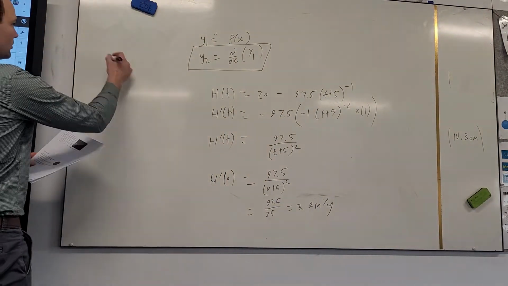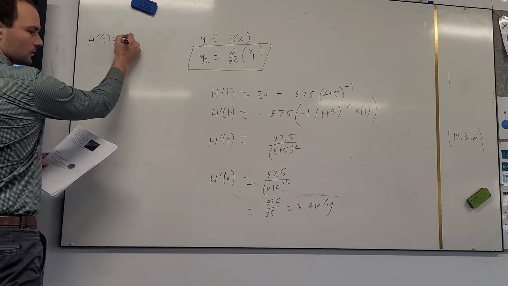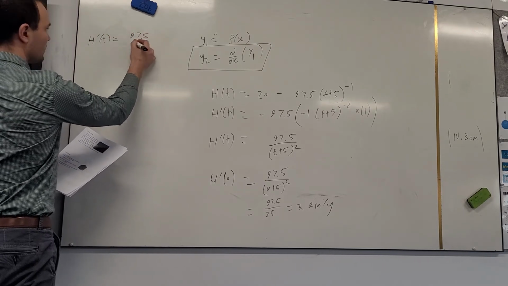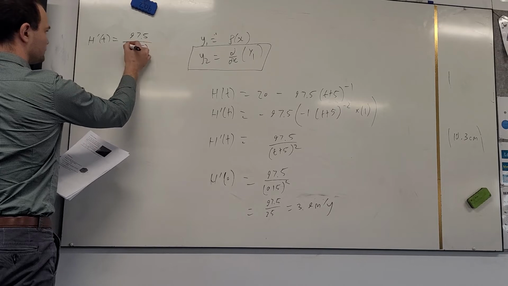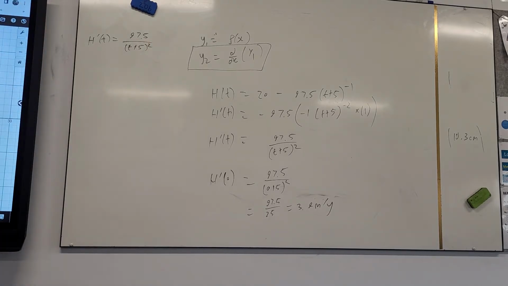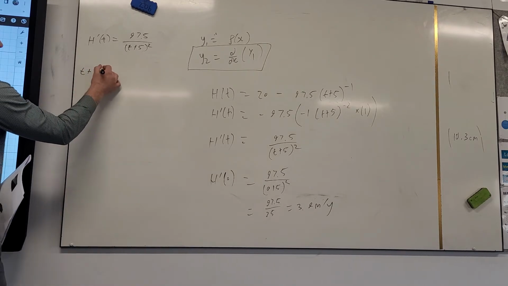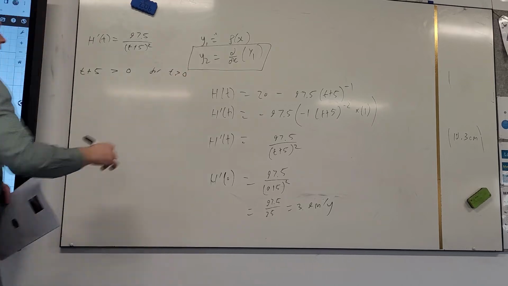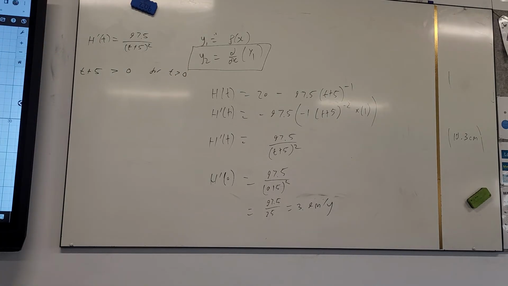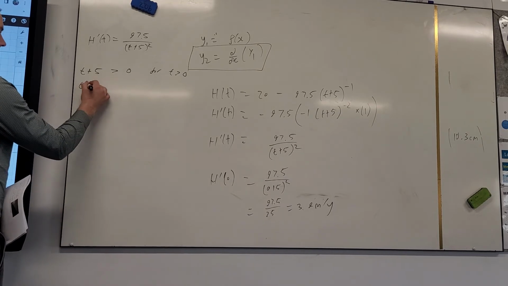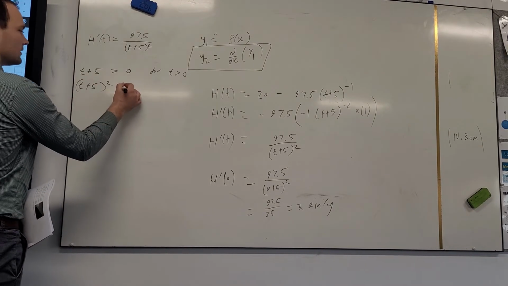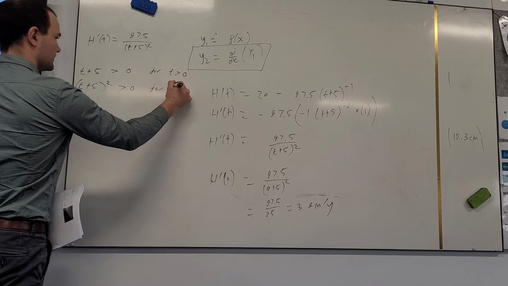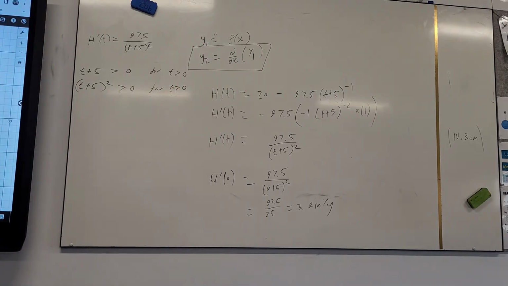So firstly, this is the h dash of t function. 97.5 on top of t plus 5 squared. So this is how you break down this kind of thing. What you'll say is t plus 5 is going to be positive for t positive. That's obviously true. Therefore, t plus 5 squared is going to be positive for t positive.